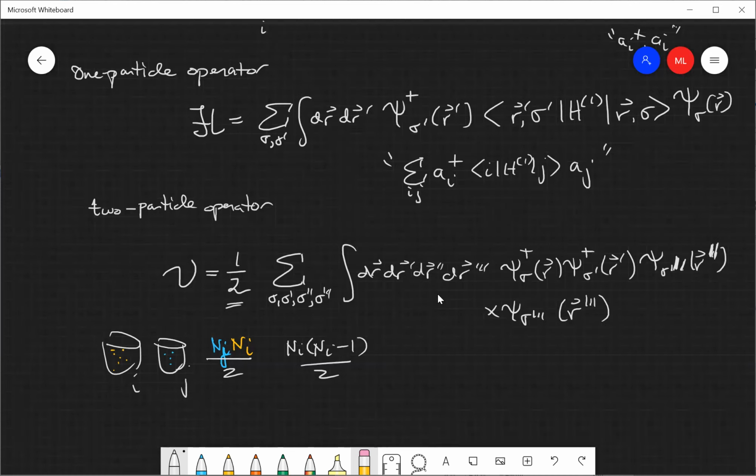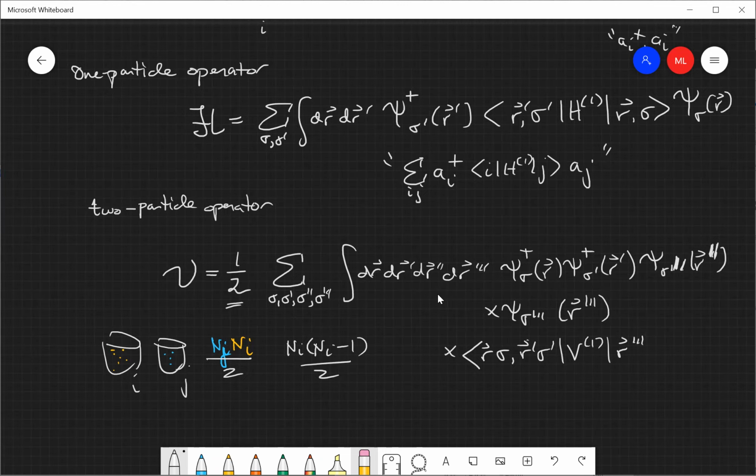And then your matrix elements are going to be between R sigma and R prime sigma prime. We have some pairwise interaction. And remember that the order of the third and fourth states are flipped in the matrix element.